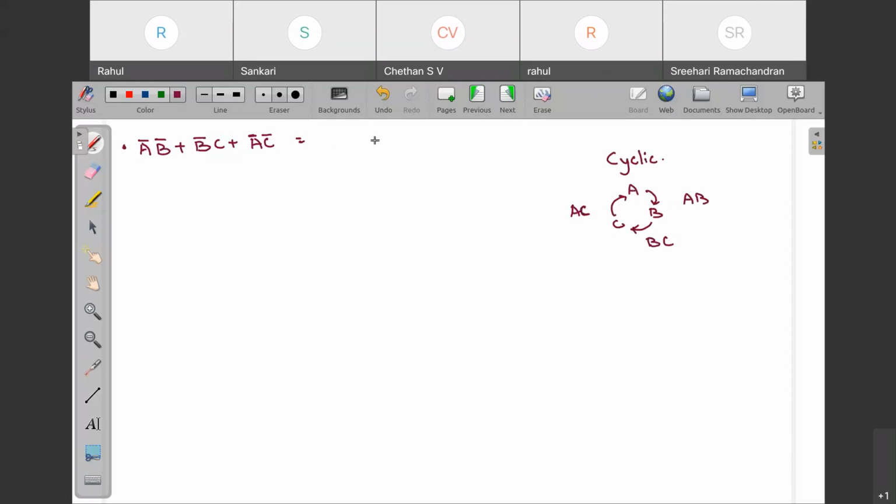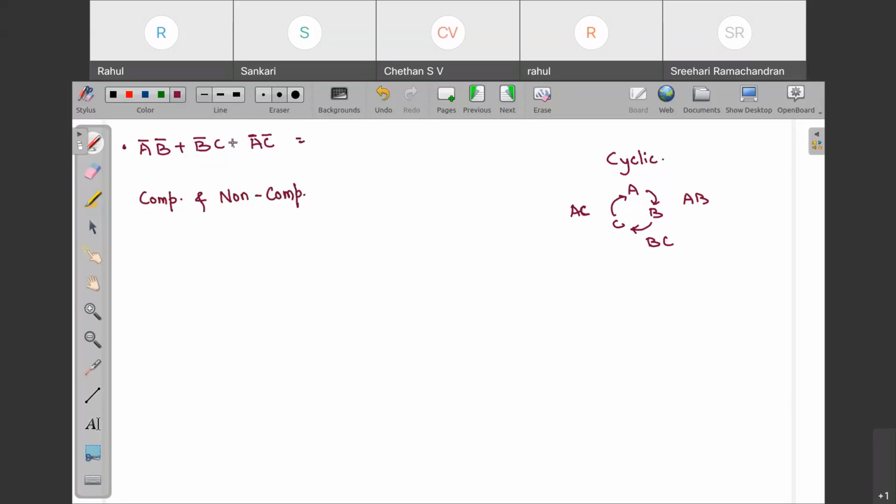Now check for the variable which has a complemented form and a non-complemented form.